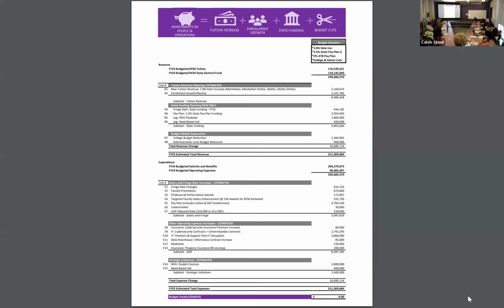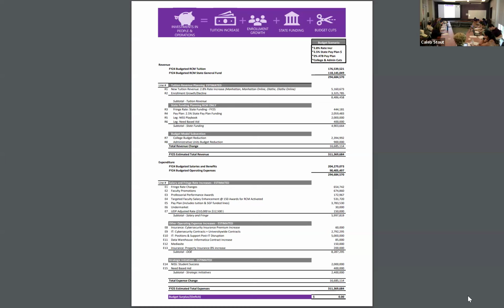So the way we have this organized, at the top is revenues, the bottom half is expenditures. So let's start on the revenues. You see we have the item, and then on the right is the column in terms of what that net revenue item represents. Some of the basic core assumptions that we've built into here: 2.8% rate increase.